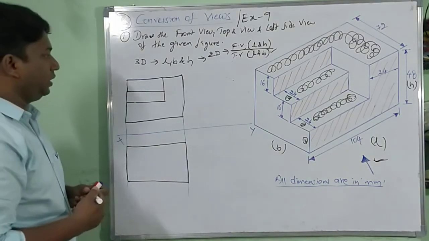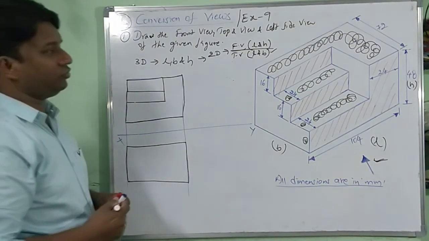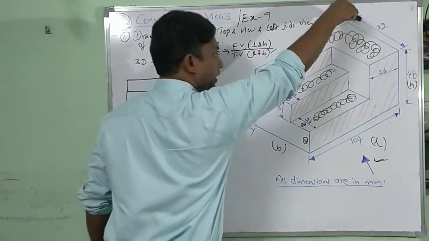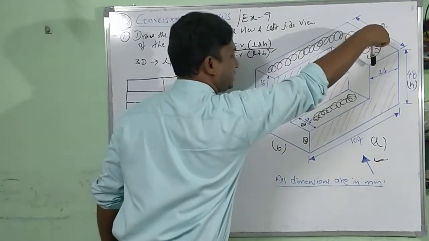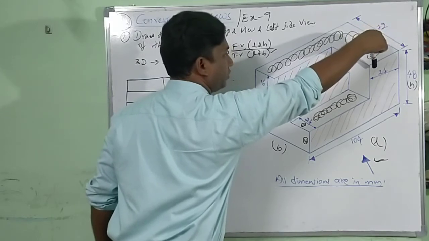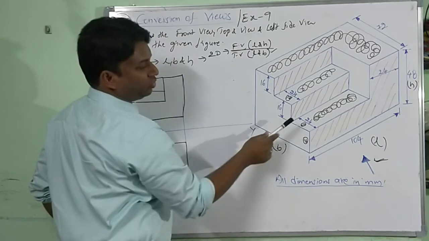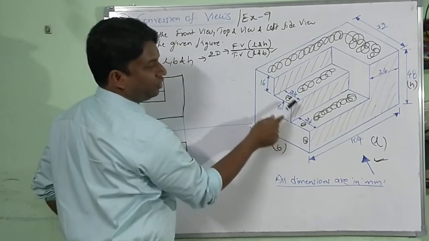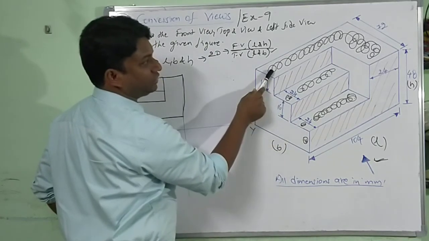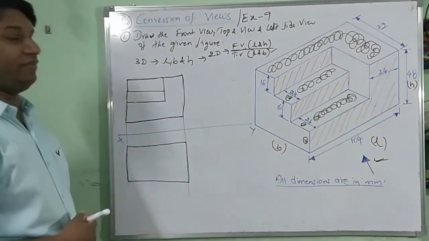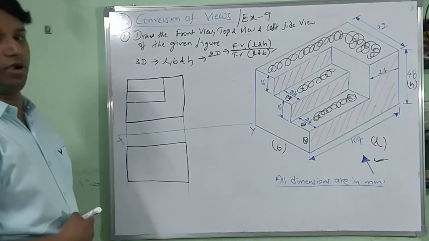Total box. In that box, what are the lines which we have to draw? First of all, this length. See, here it is 72. Now this is towards this side is 24, and now into depth. Out of 72, you can have two 24s. 24 plus 24, 48, and this will be 72 minus 48, right?